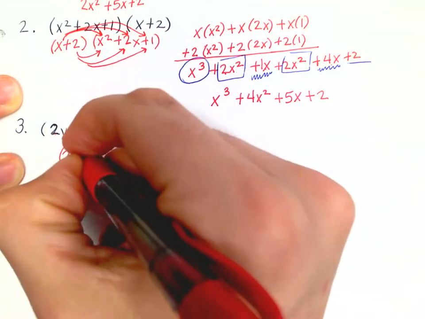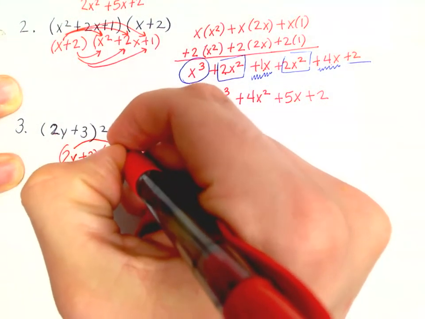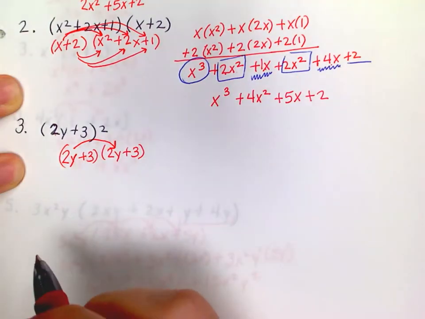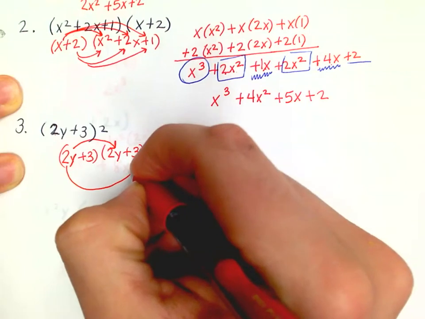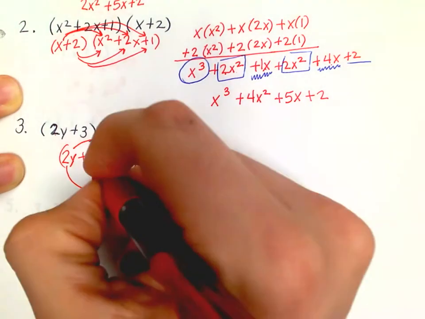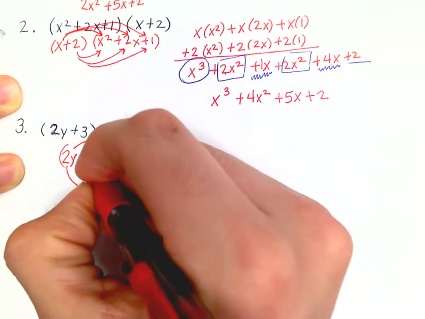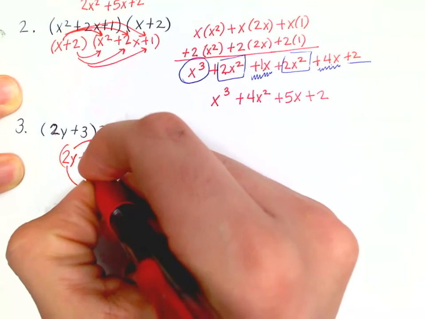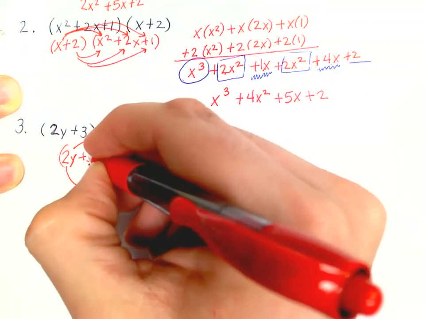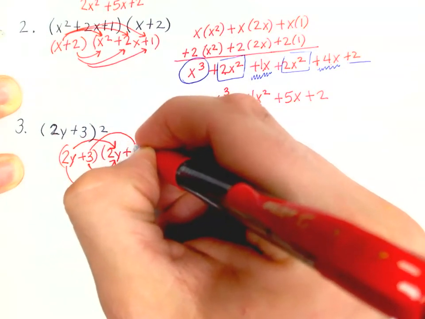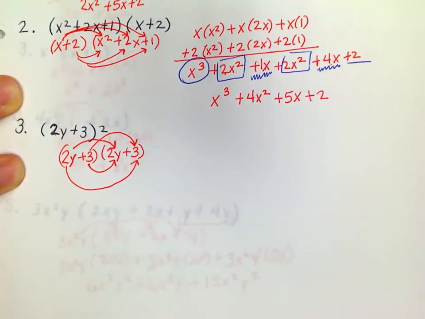We'll have the 2y being multiplied by the first 2y in the second set of parentheses for the first. Then we'll have 2y times 3 in the second parentheses for outer. Then 3 times the 2y in the second set of parentheses for inner. And then 3 in the first set of parentheses times 3 in the second set of parentheses for the last.